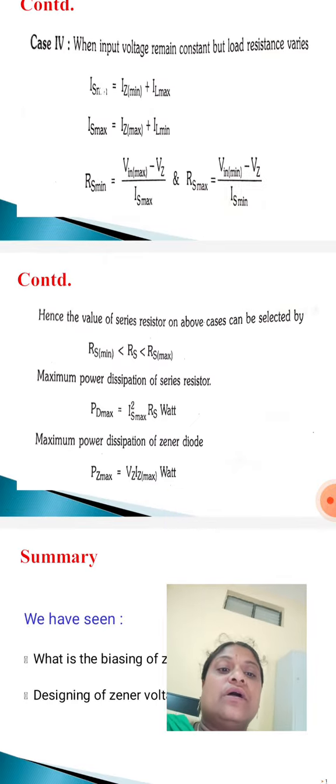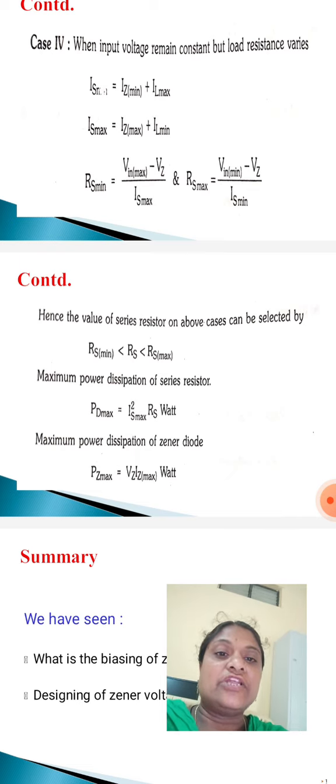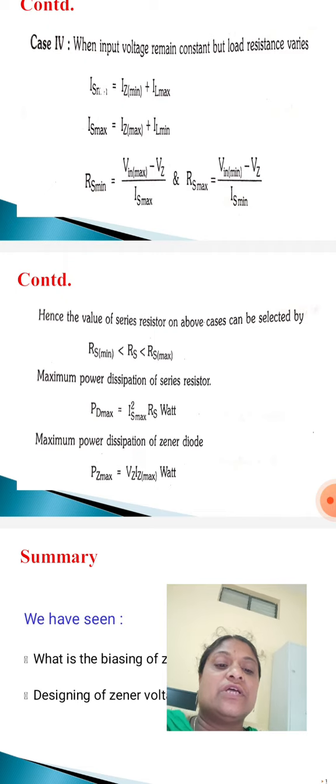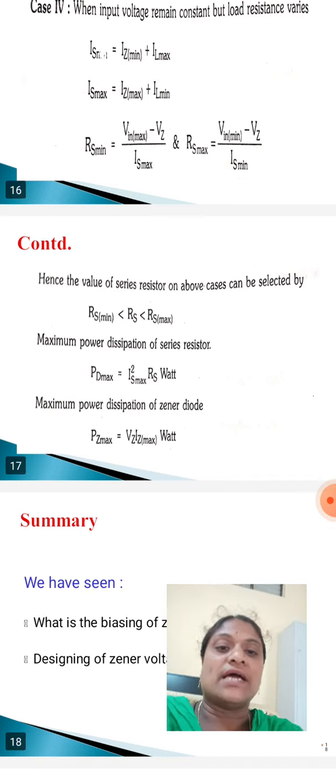Okay. So after all four cases, the value of the series resistor can be selected as RS minimum is less than RS is less than RS maximum. Similarly, the maximum power dissipation of the series resistor. We know the formula for power, which is also in terms of Ohm's law.